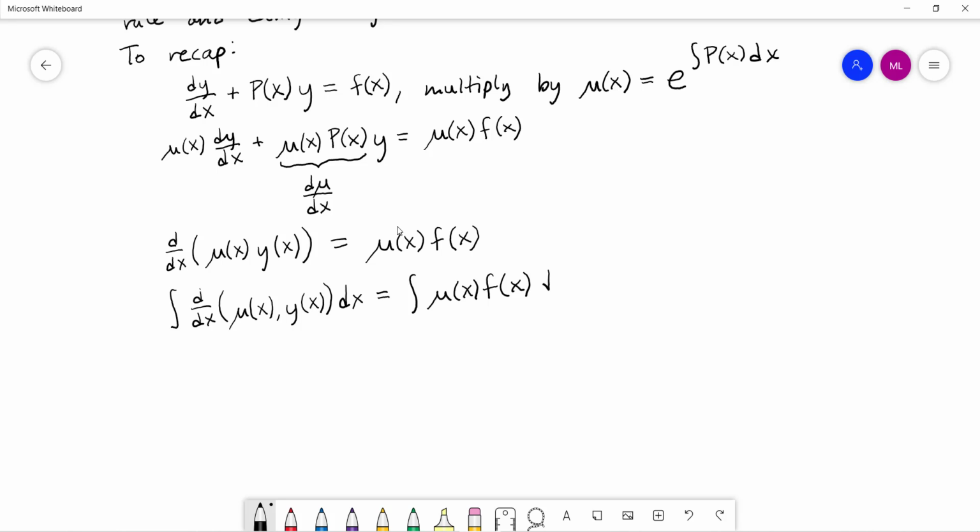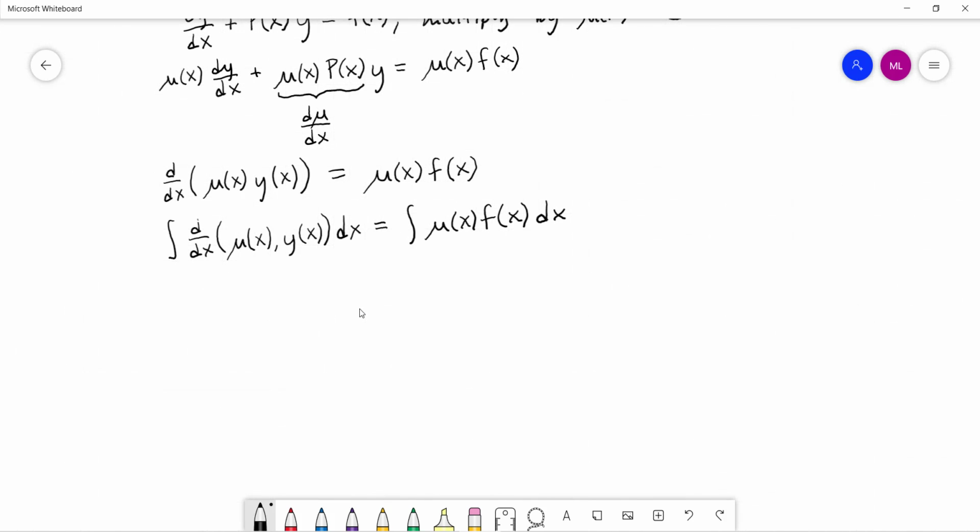And on this side, we'll integrate mu of x times f of x. So on the left-hand side, integrating the derivative makes them go away. That should be mu of x times y of x, not a comma. So I'll be left with mu of x times y of x on this side is equal to this integral of mu of x f of x dx.